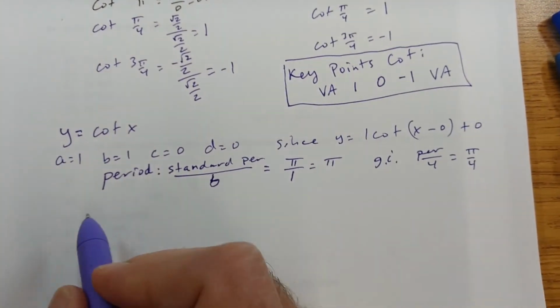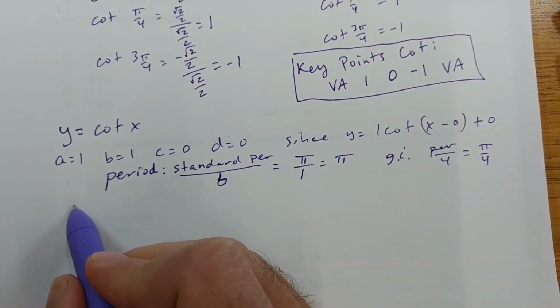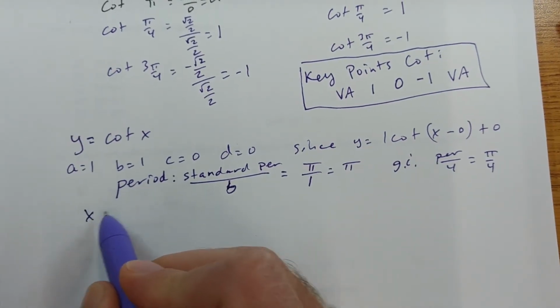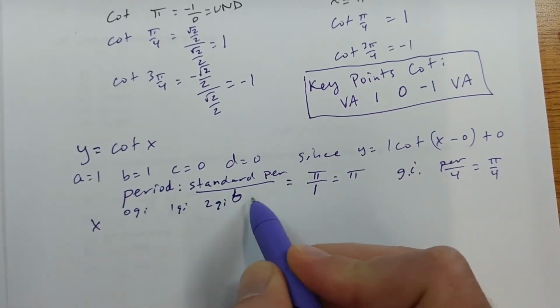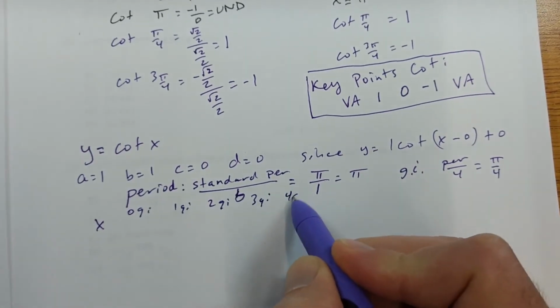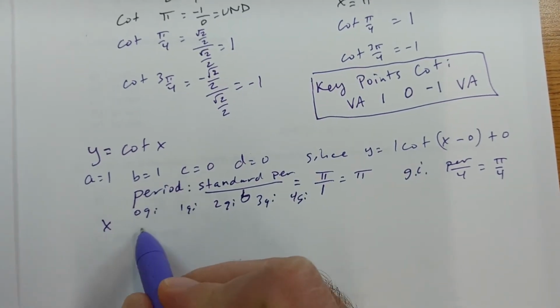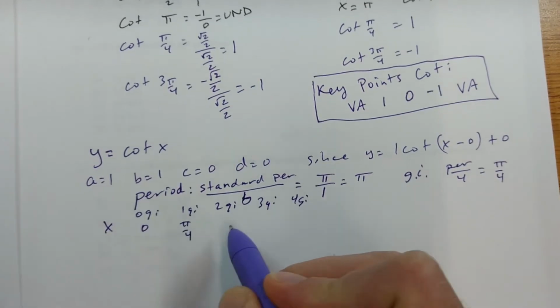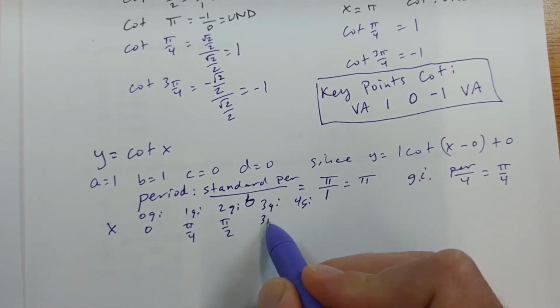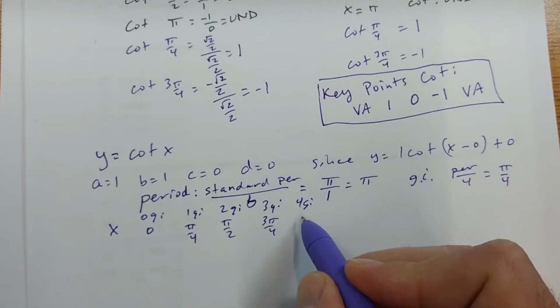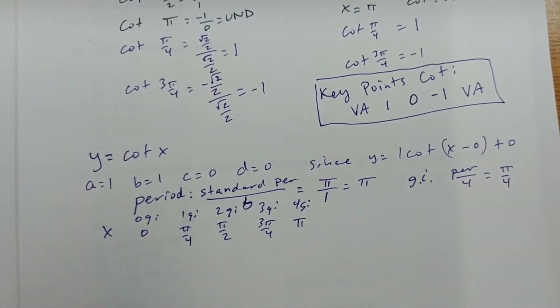And so we'll set up our table. Our x values: 0 increments, 1 increment, 2, 3, 4 increments, and we go 0, 1 pi over 4, 2 pi over 4, which is pi over 2, 3 pi over 4, and then 4 pi over 4, which is pi.